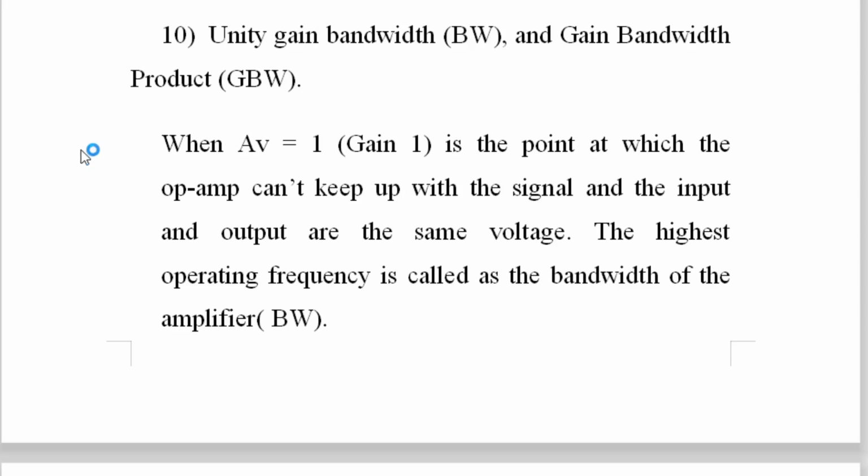Here you can read this: AV equal to 1 means voltage gain is 1, the point at which the op-amp can't keep up with the signal and the input and output are the same voltage. So when gain is 1, the input and output are the same voltage. The highest operating frequency is called the bandwidth.